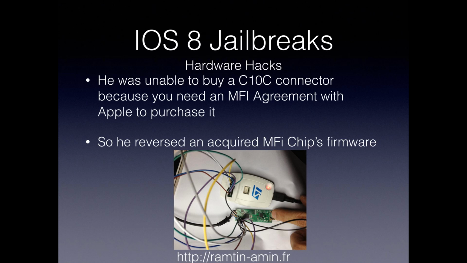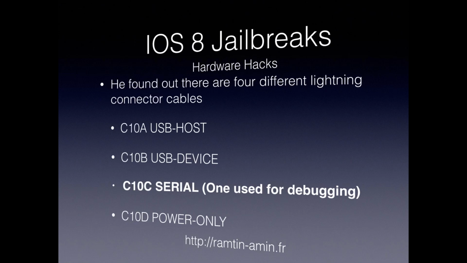You can't really buy it from Apple because, as previously mentioned, you need an MFI agreement with Apple to obtain one. So what Ramtin did was bypass this requirement by acquiring and reverse engineering another MFI chip that was publicly available to learn more about how it operates. This is an actual picture from his webpage of him doing the hardware hacking on his phone.